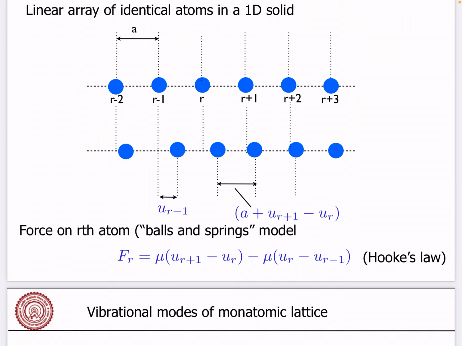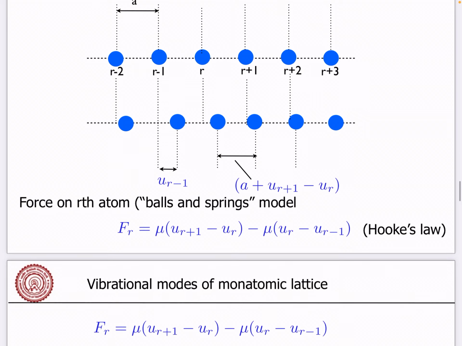So the force on the rth atom, within this balls and springs model, is mu, which is the force constant, times the displacement, u r plus 1 minus u r, minus mu times u r minus u r minus 1. The rightmost expression, mu times u r minus u r minus 1, is due to the r minus 1th atom.